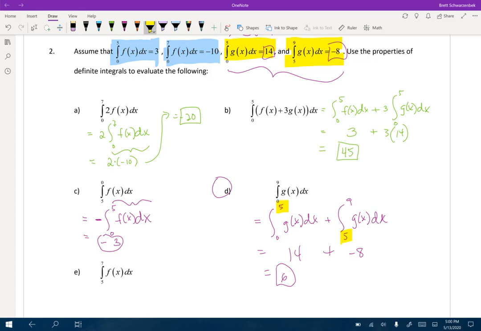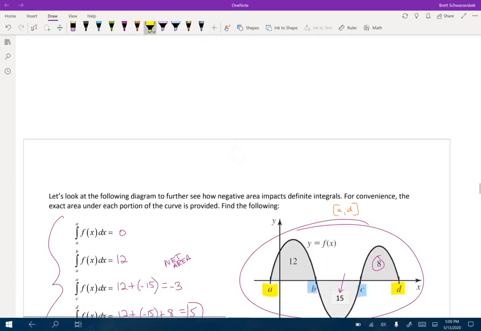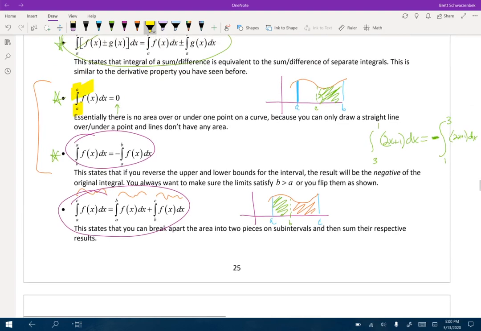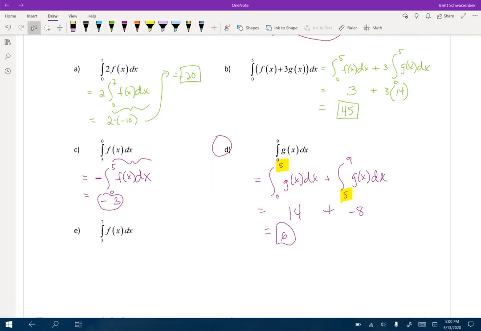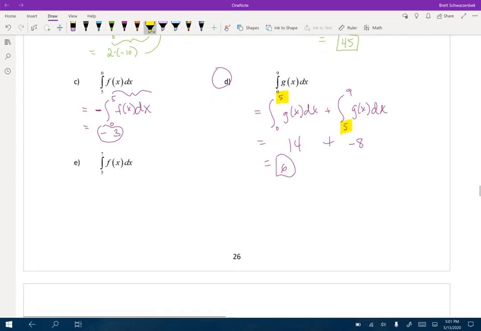Because what did we learn about the area at any one value? At the variable a here, there's no area. So at the number 5, there's no area, so we're not repeating anything. Sometimes it's a difficult concept to really comprehend, but this is perfectly fine in terms of something you can do.